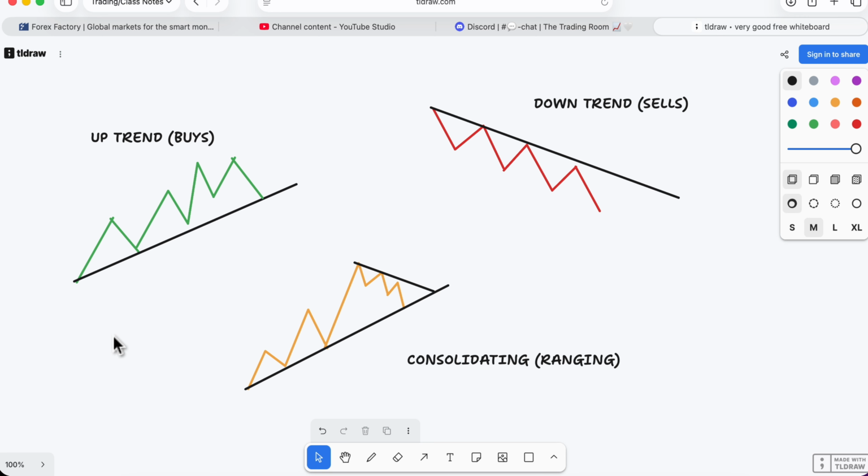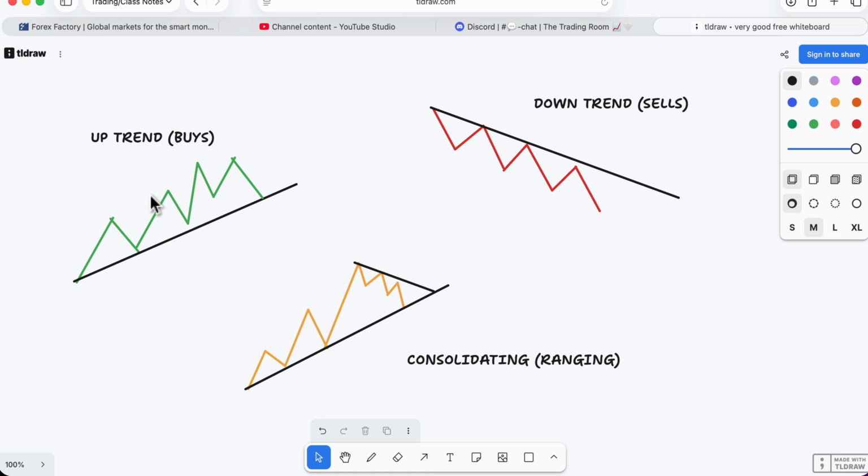Starting with my trend lines, the reason I use trend lines is the same thing as support and resistance. So starting with an uptrend. An uptrend is basically a market where buyers are in control, prices consistently making higher highs and higher lows.